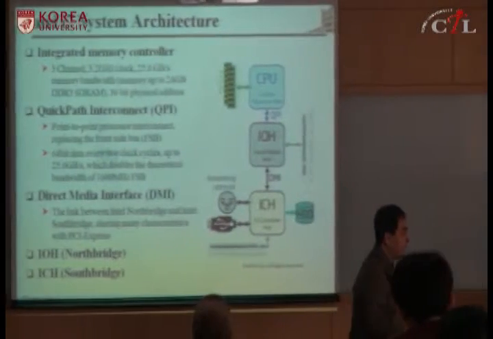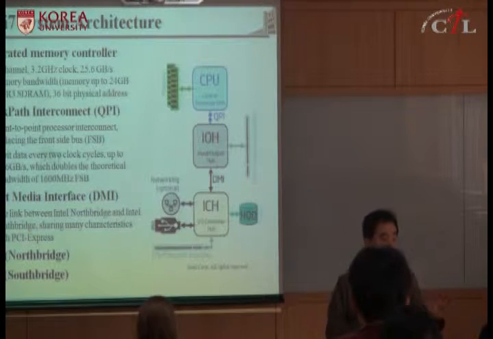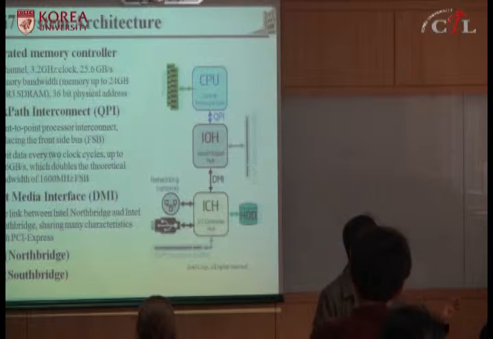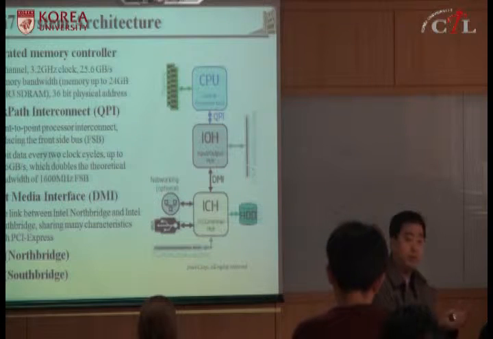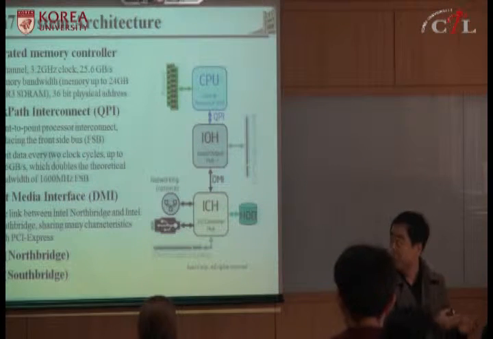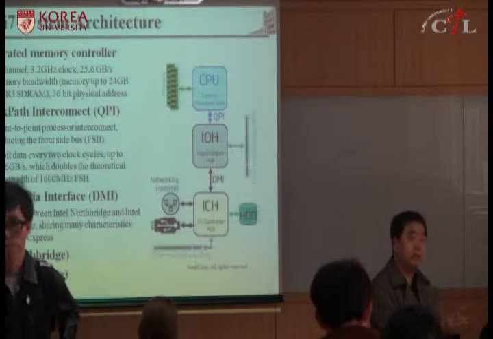This is important because even if you can design a CPU that gives you very good performance, if you cannot support good system bus bandwidth or communication I/O bandwidth, then it will be saturated by this communication.